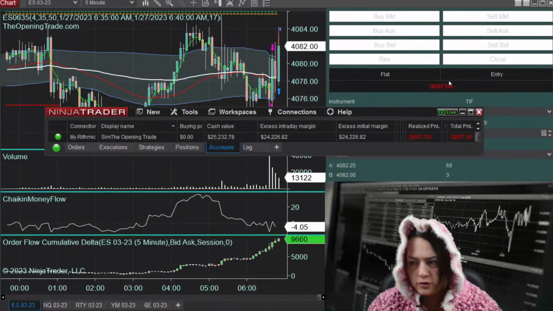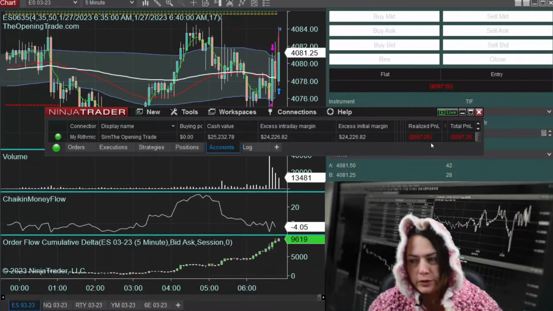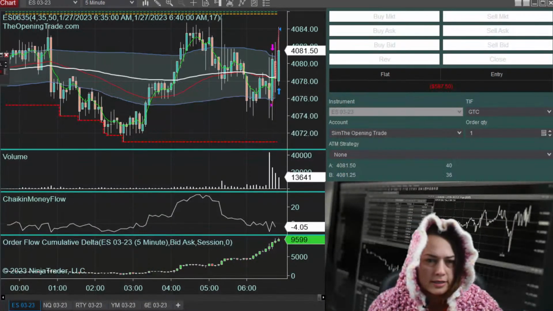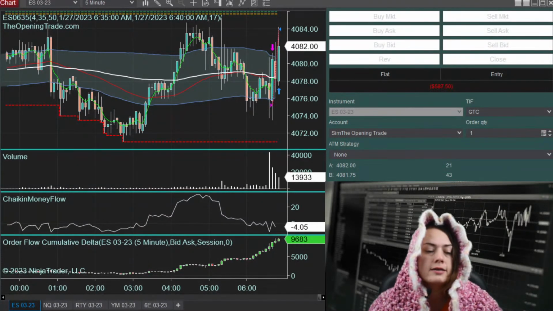Here's where we lost, including our fees, because you've got to pay for your trades. So today was garbage. But that's okay. Tomorrow won't be, right?